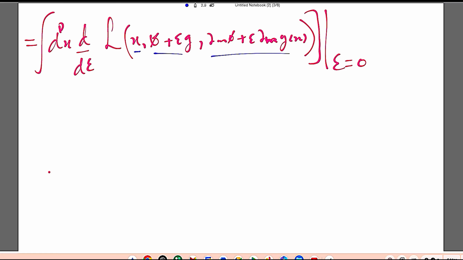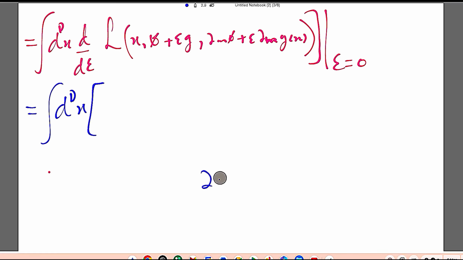Now let's use the chain rule. What we do in the chain rule is that we have this structure: the partial derivative of L with respect to one of the dependencies, which is this, the first dependency, I'll write it as d1, dot the derivative of this dependency with respect to e.